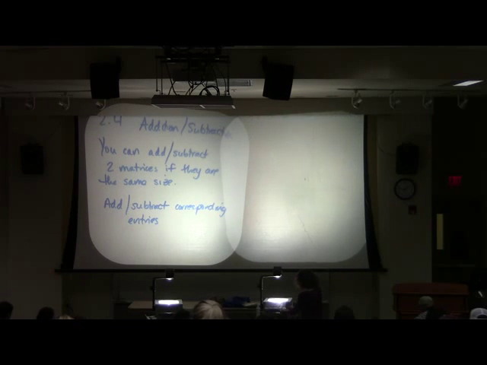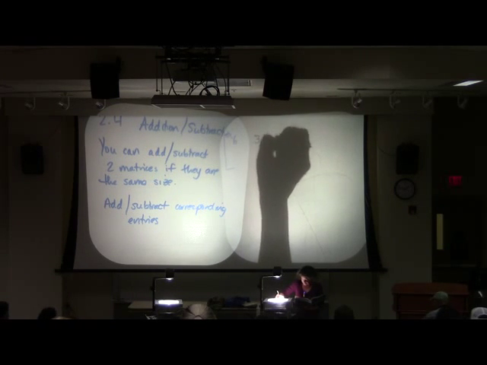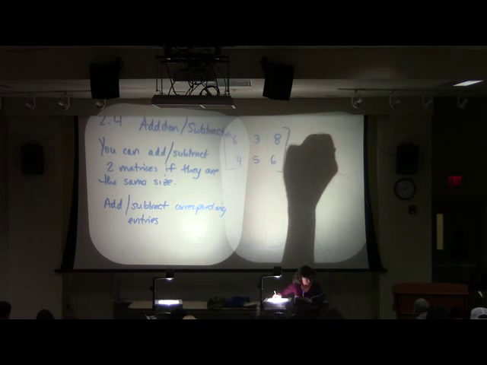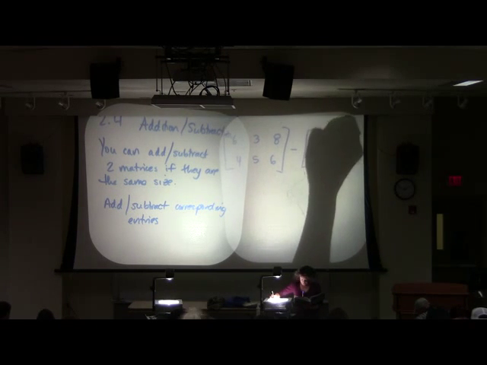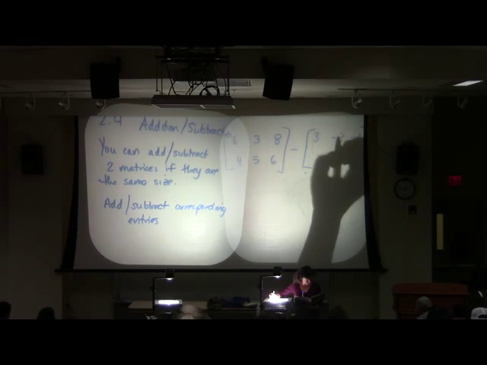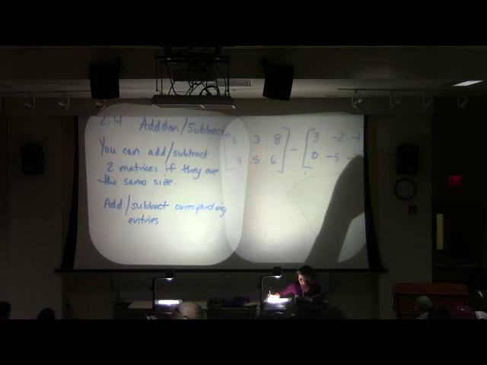All right, so for example, what if I want to add these or subtract these? Let's see what we got. How about 6, 3, 8, 4, 5, 6, minus 3, negative 2, negative 1, and 0, negative 5, negative 7.